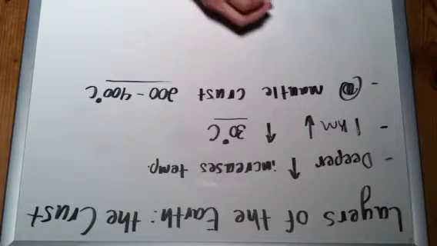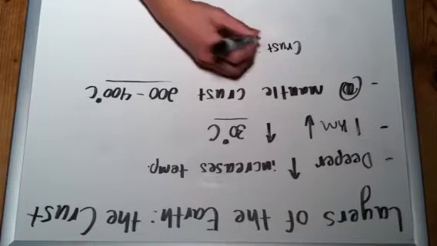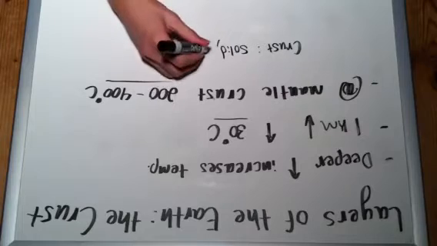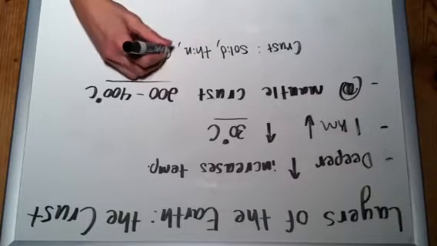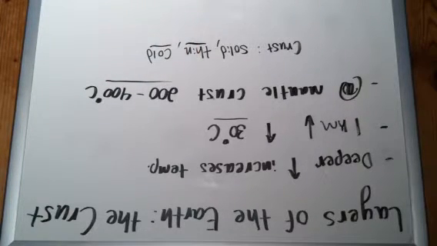So basically, just remember the crust: solid, thin, and cold. These two, of course, are relative to the rest of the Earth.